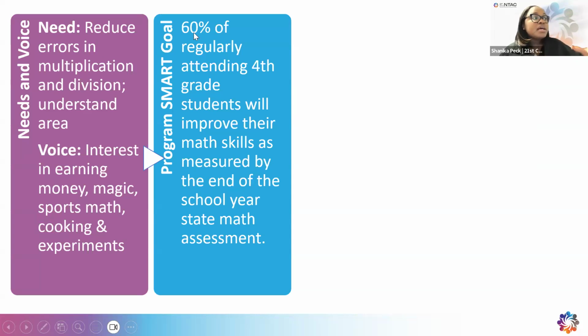Now, another thing that you definitely want to keep in mind is the regularly attending piece, right? Sometimes your state would have this outlined, right? They may have a set number or a long-term outcome for all programs. That's definitely something you want to keep in mind. It's also really important that we define attendance when it comes to our program, right?